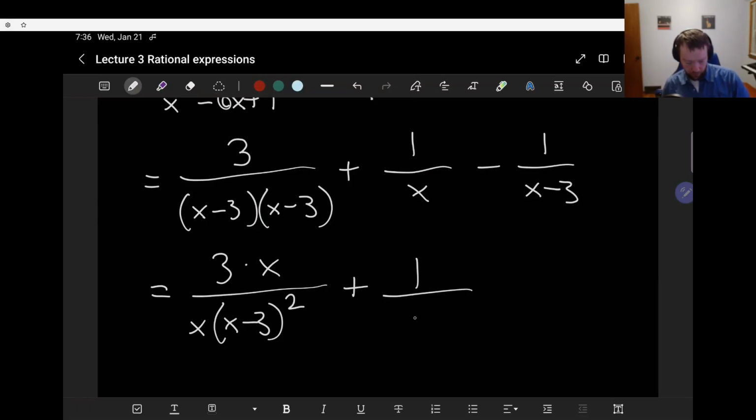So for this term, I already have an x, but I'm missing not just one x minus 3, which is also covered over here, but I'm ultimately going to need 2 because of this term. So I want to throw in an x minus 3 squared. But if I'm going to do that, then I have to do it above as well.